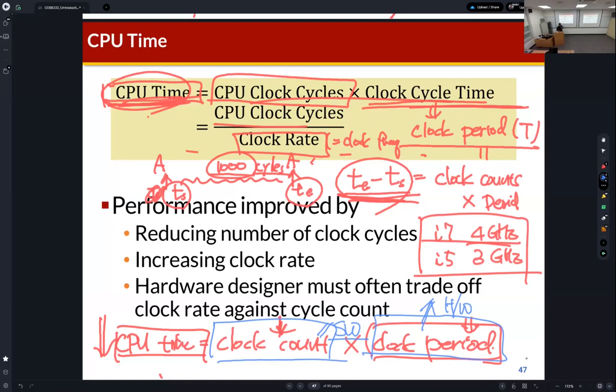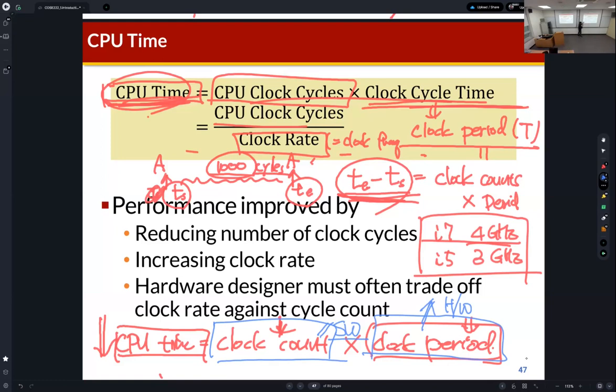So for example, if we use better or improved semiconductor technology, we can reduce the clock period. It means we can increase clock frequency. And this, I said, is the usual software part.